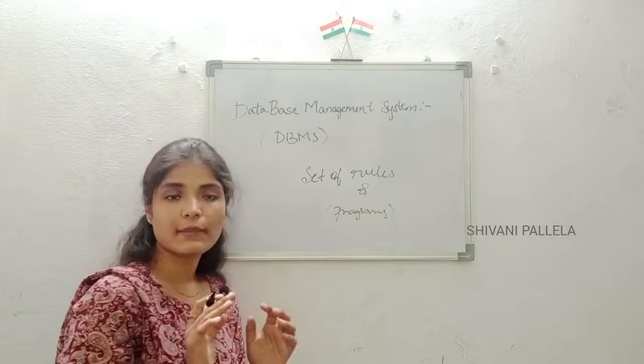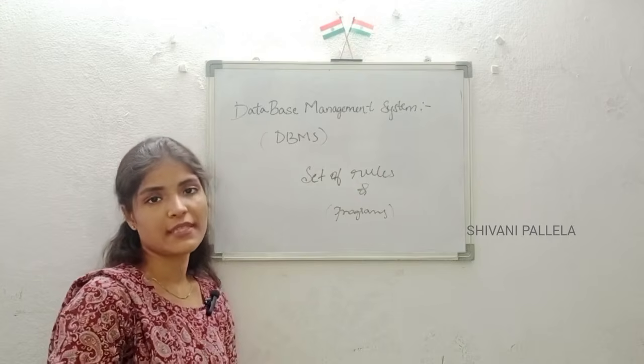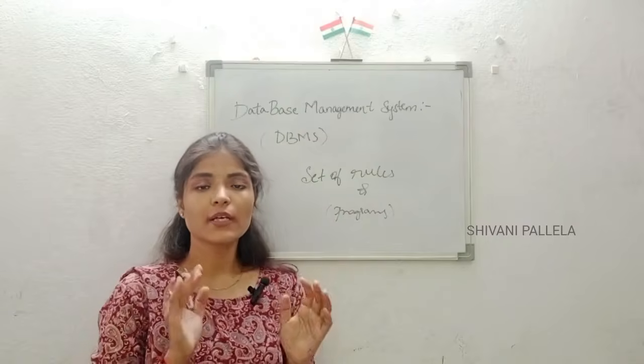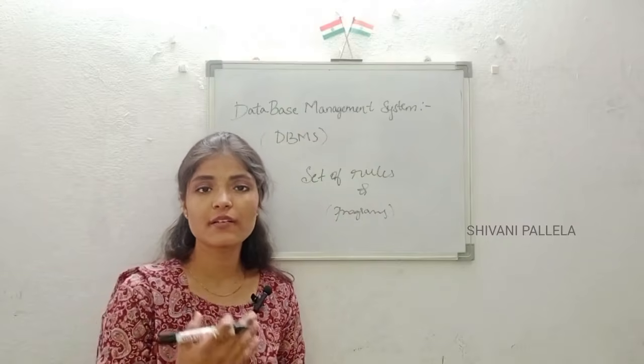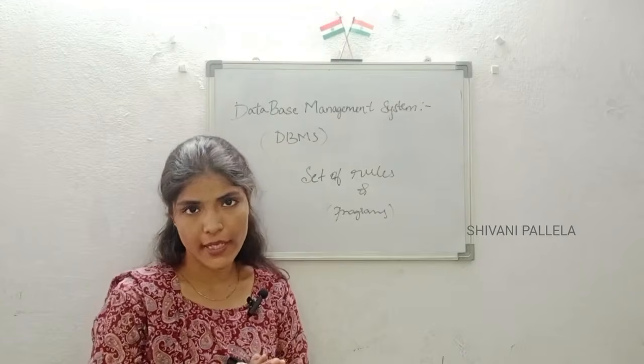There are certain particular programs you will follow to store the data in a management system. DBMS is nothing but giving certain rules and regulations to store the data in a database.